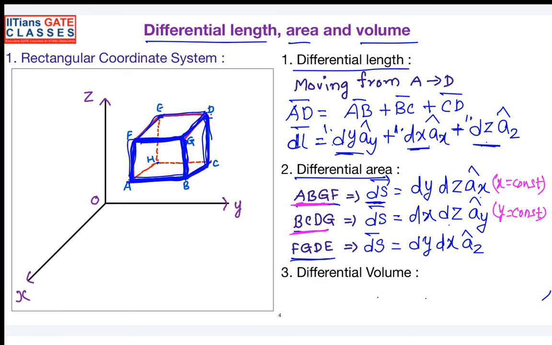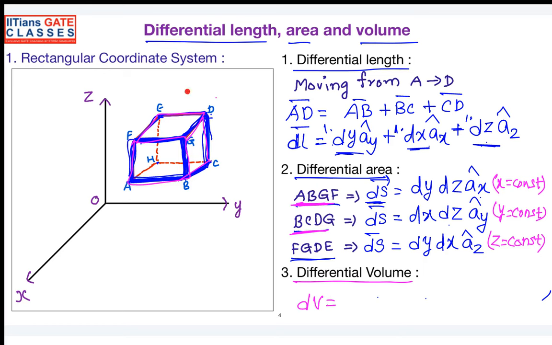Next, move on to the differential volume. What do you mean by differential volume here? Consider this particular surface only. Volume means you are multiplying the variations in each and every direction. So how to write the differential volume? If you consider the full figure like this, it has the y variation, the z variation, and the x variation.